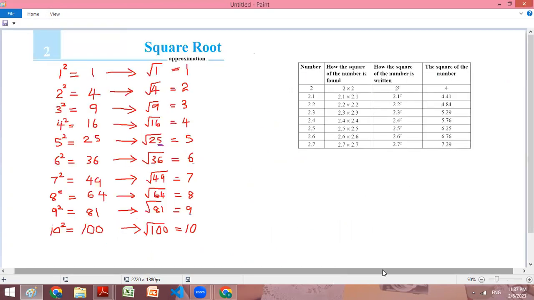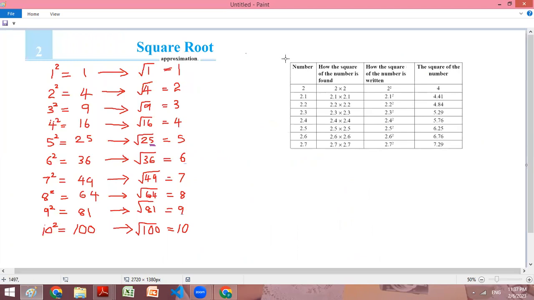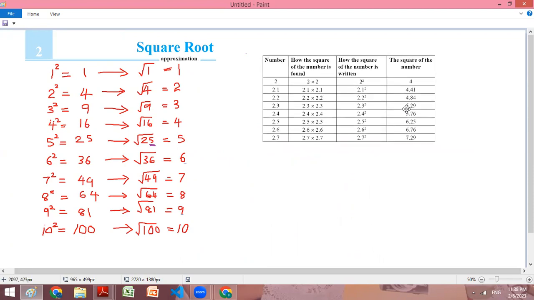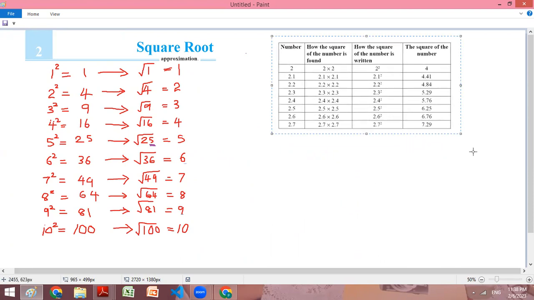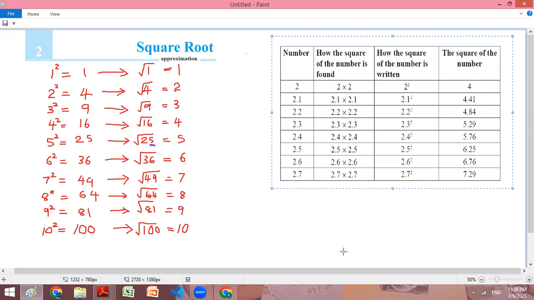First, we can consider this table. Also, we want to find the square root of 5.